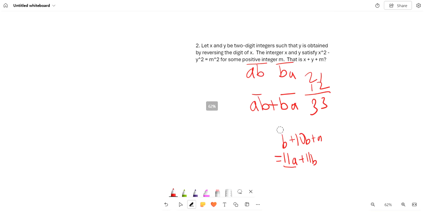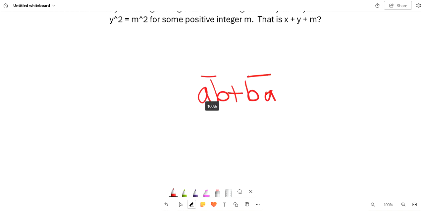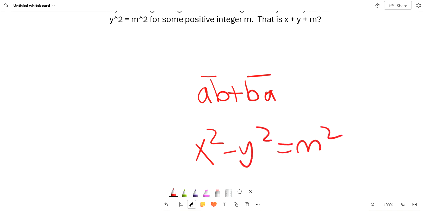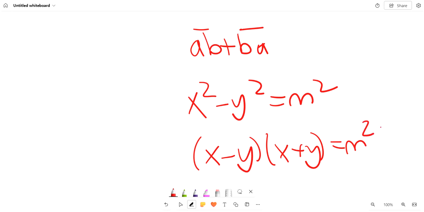So if we know that x plus y is divisible by 11, then for x squared minus y squared equals m squared, we use the difference of squares, so we get x minus y times x plus y equals m squared.